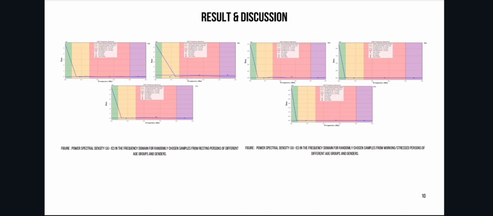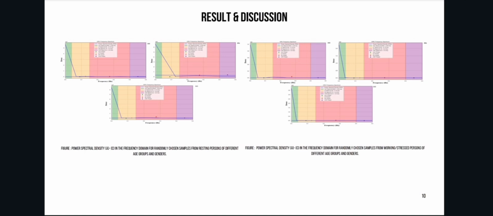High frequency band ranges from 0.15 to 0.4 Hz or 150 to 400 mHz and the very high frequency band ranges from 0.4 to 0.5 Hz or 400 to 500 mHz respectively.